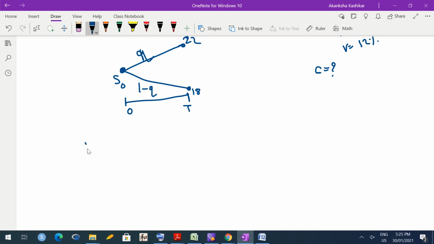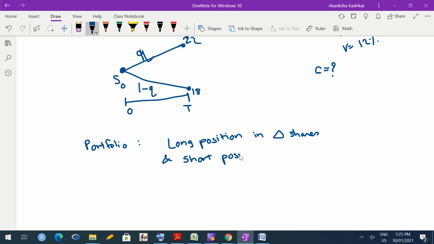So initially let us construct one portfolio. That portfolio consists of a long position in delta shares, where delta is the quantity, the number of shares, and a short position in one European call option.